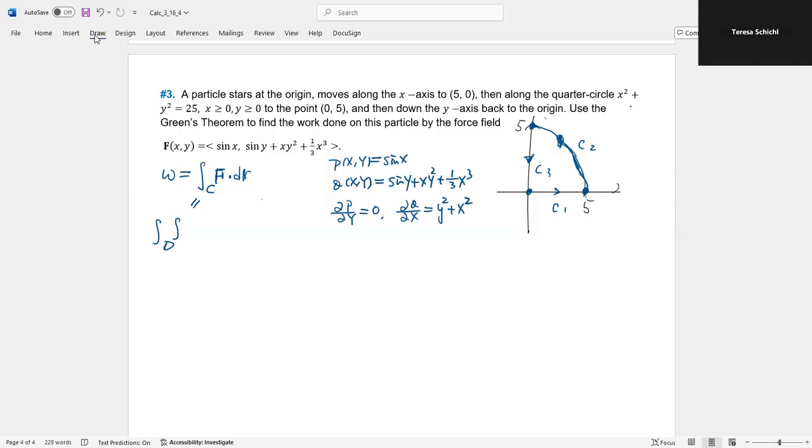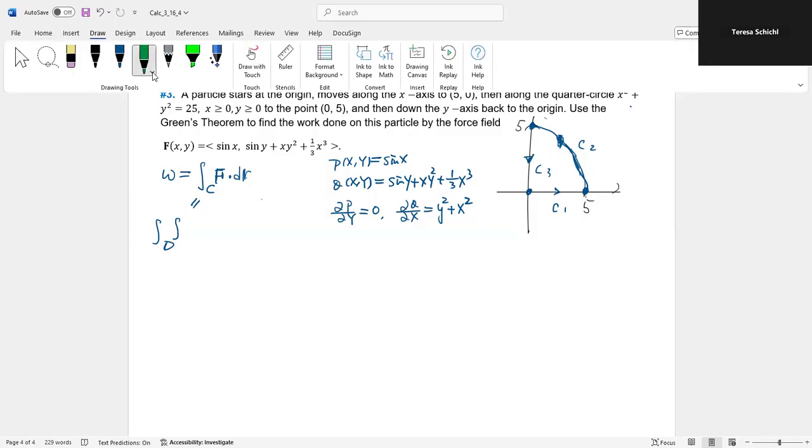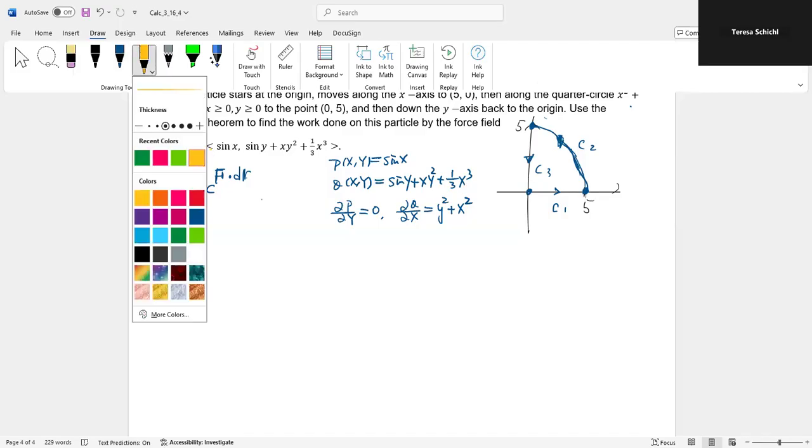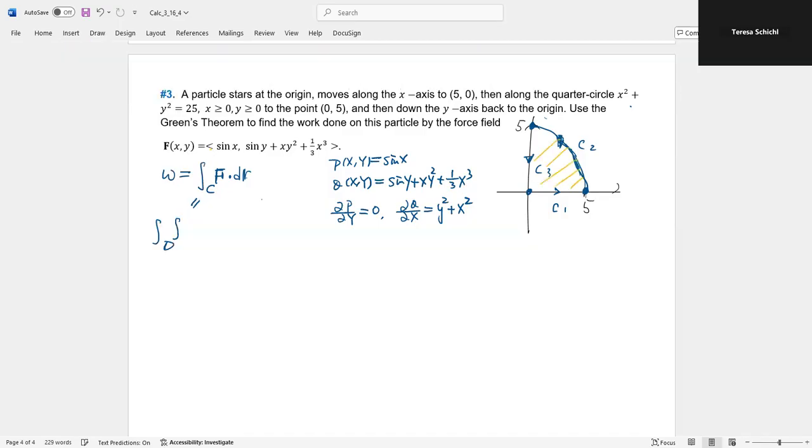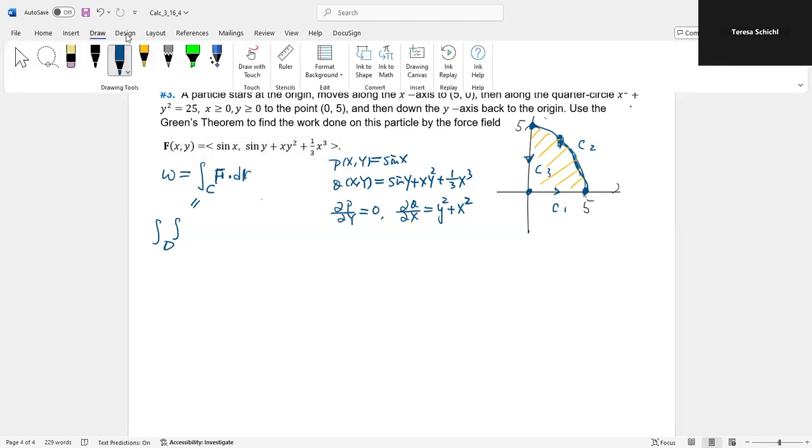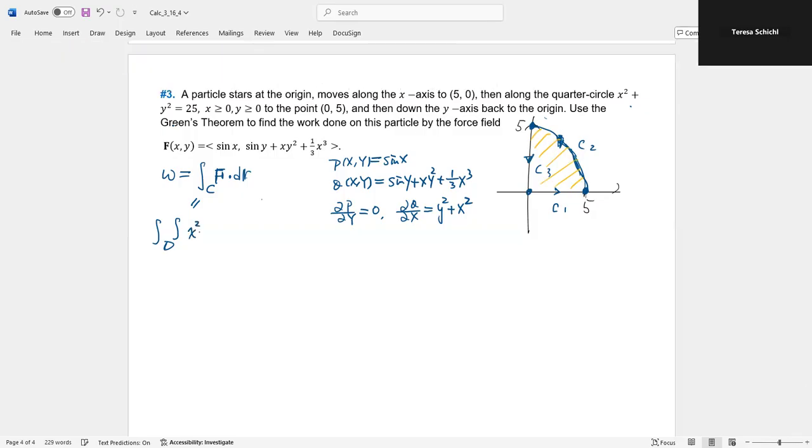This will be my region D. And then I'm going to have the double integral over D of x squared plus y squared, which is ∂Q/∂x minus ∂P/∂y, then dA here.